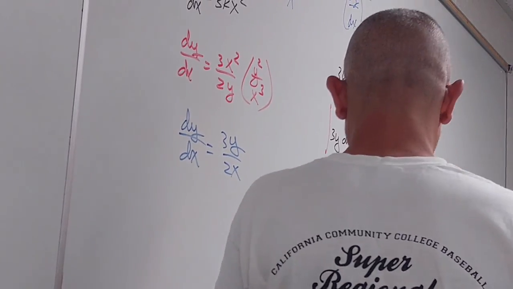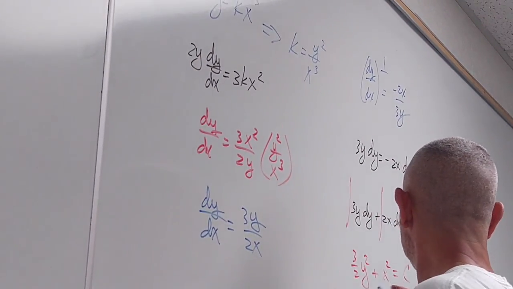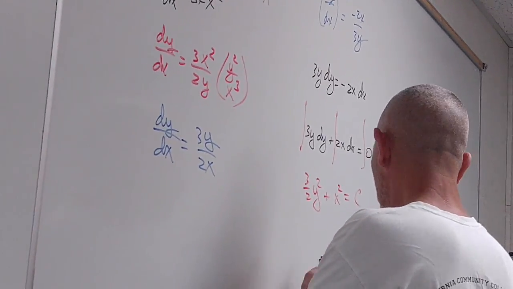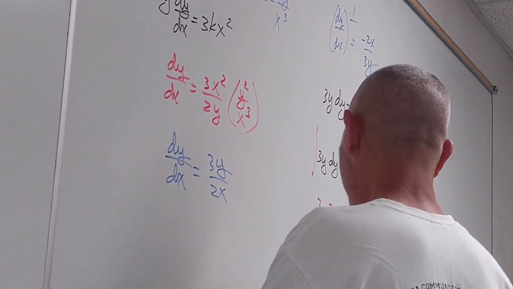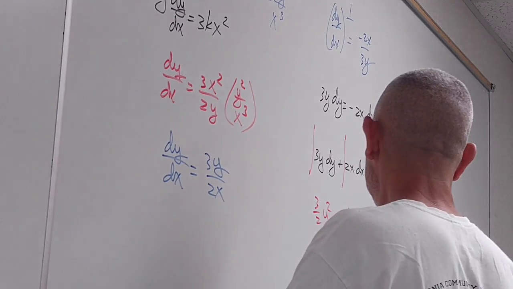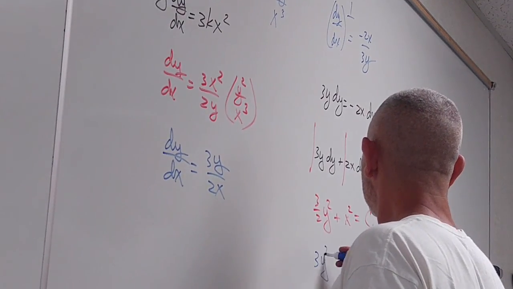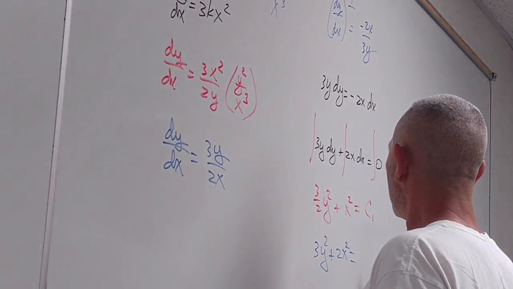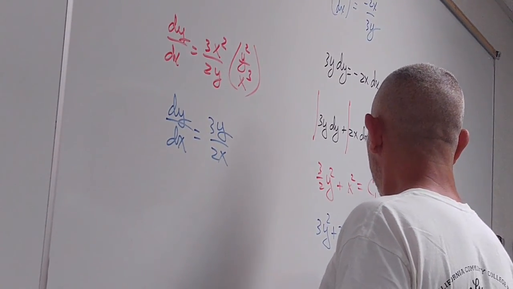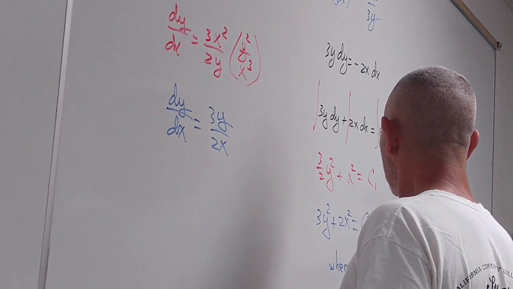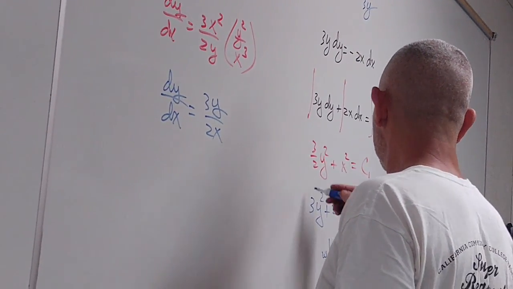I'm done. Maybe you want to multiply through by 2. If you do, probably you'd call this C1, just to make it 3. And then multiply through by 2. So 3y squared plus 2x squared equals C, where C is 2 times C1.